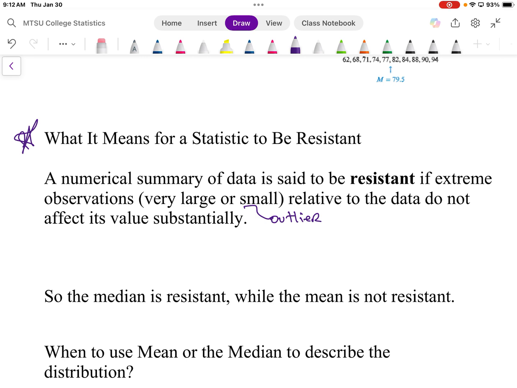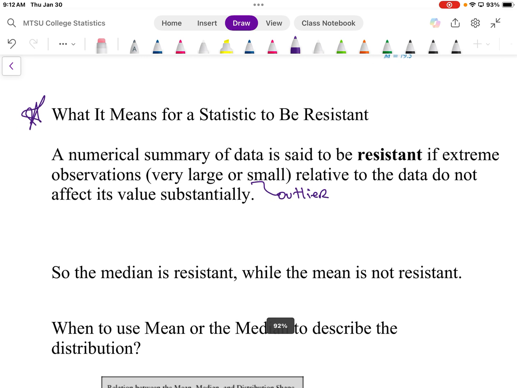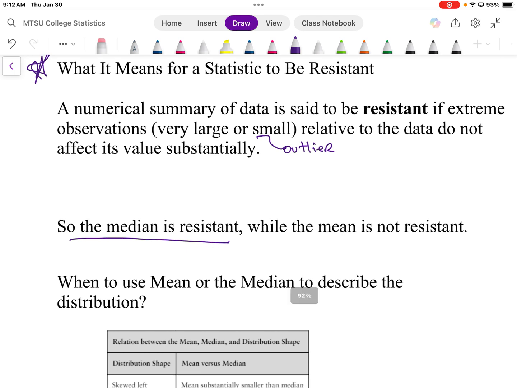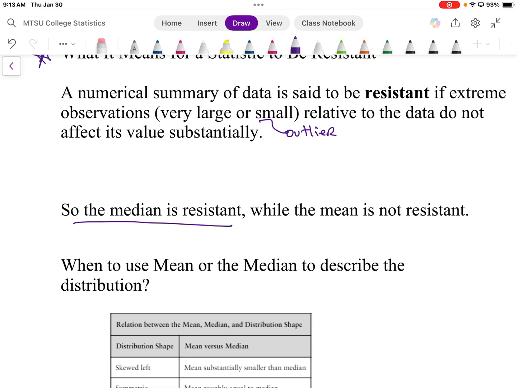We're going to talk about it in a moment and look at some examples. The median is resistant. An outlier doesn't affect the median because it's a place, a place in order.